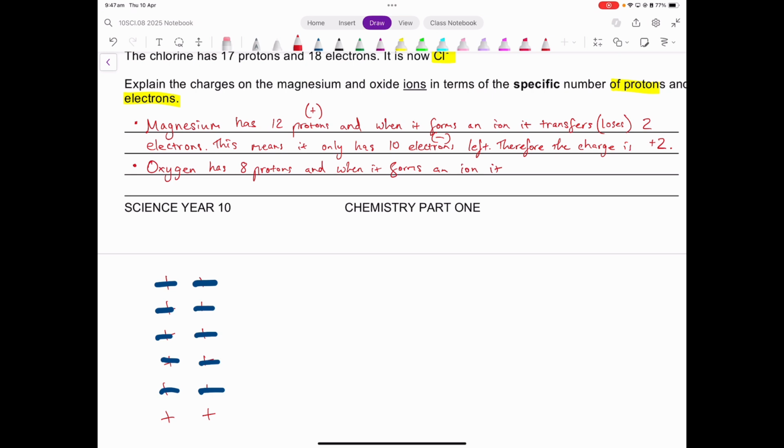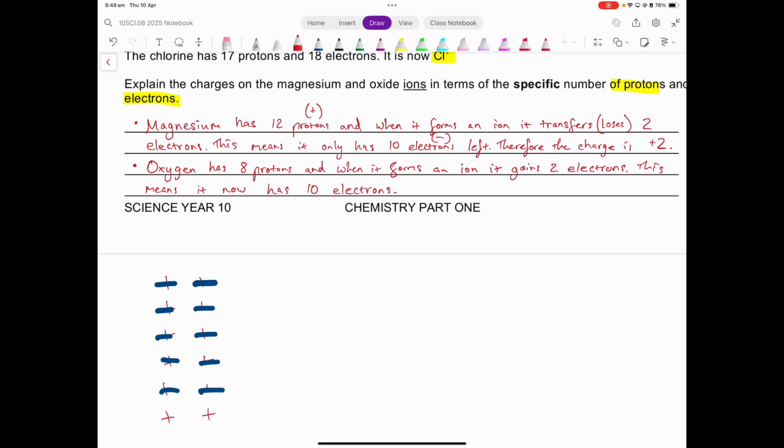Gains. Perfect. It gains 2 electrons. This means it now has how many electrons? We started with 8 and we gained 2, we have? Great. It now has 10 electrons.